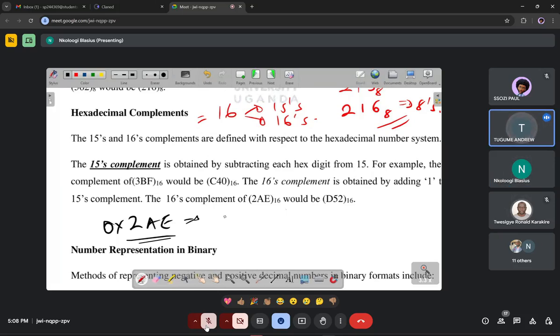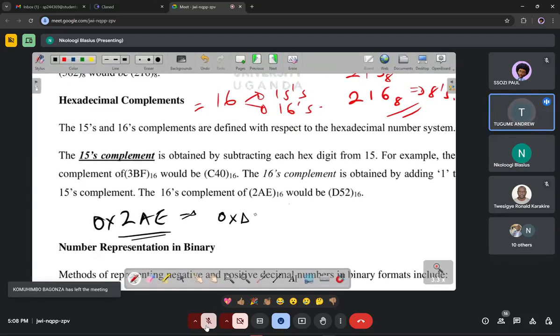We are getting the 15's complement, right? So you subtract from 15 on every digit. So we get 0x. 15 minus 2, that is 13, which is a D. Then 15 minus A, which is 10, that is 5.